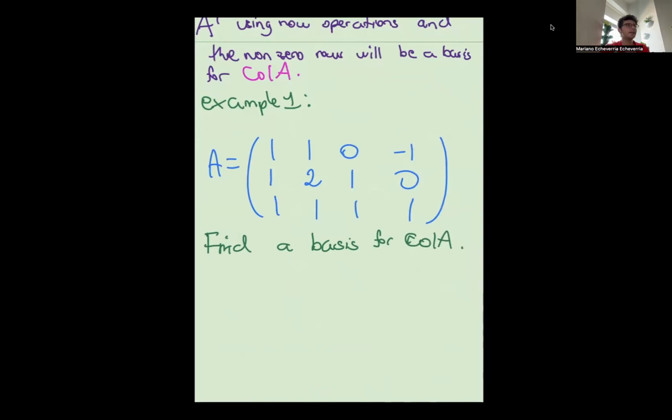It's very easy. Because we're working with the columns, we just work with the row space of A transpose. So you have to take the transpose of the matrix. Remember, the transpose is just the operation of turning the rows into columns. So what is A transpose?